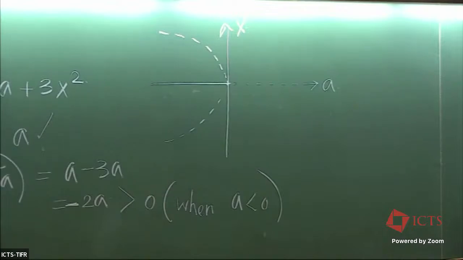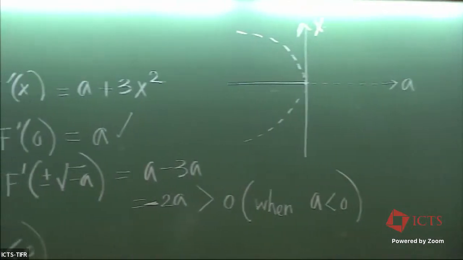Fine. So that's why I am mostly interested in the supercritical one, because here, if I cross from this side, I'll either settle into this or settle into this one. Fine.